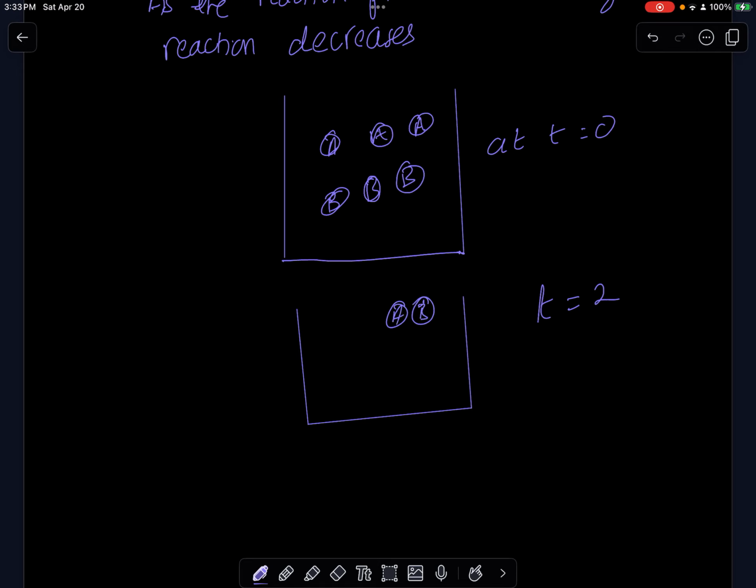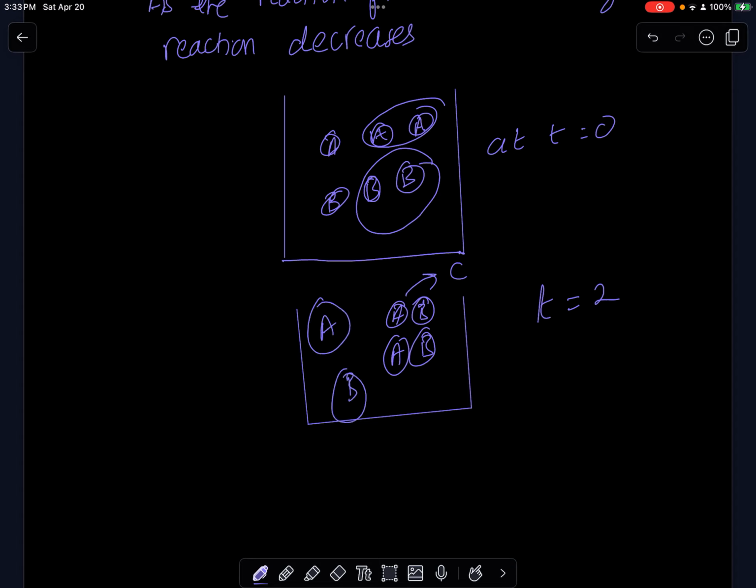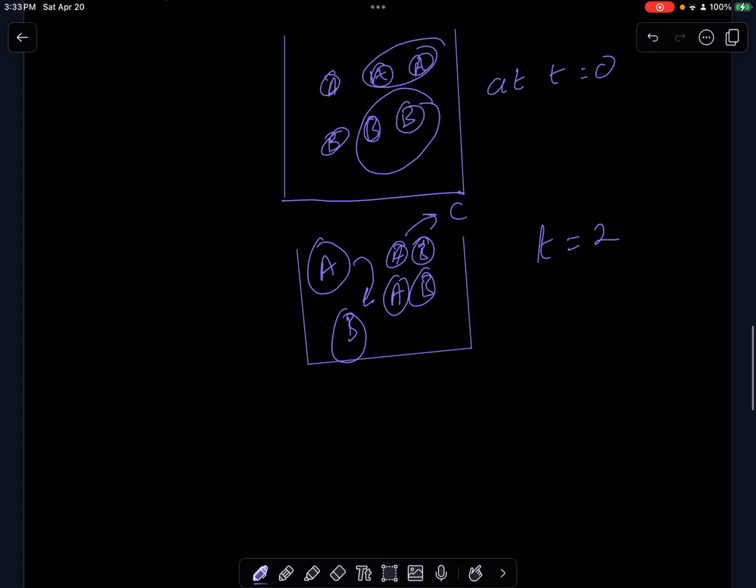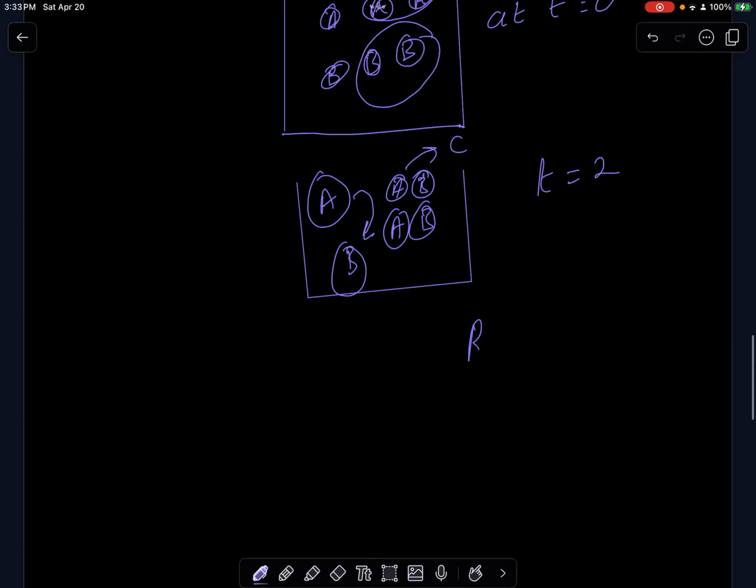So AB, this is C, and A and a B joined together. As you can see, we've actually used up 2 A's and 2 B's, and we started with 3 A's and 3 B's. So right now all we have left is this. These are the only things left to react. So the concentration of the reactants has decreased, and when the concentration of reactants decreases, the rate decreases.